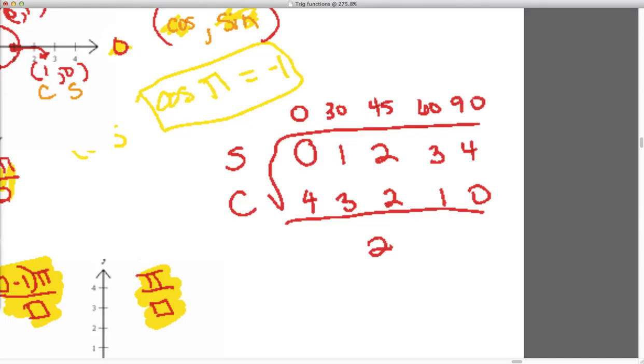If we're doing radian measure, that would be pi over 6, pi over 4, pi over 3. Notice that the denominators are what I told you they were earlier.